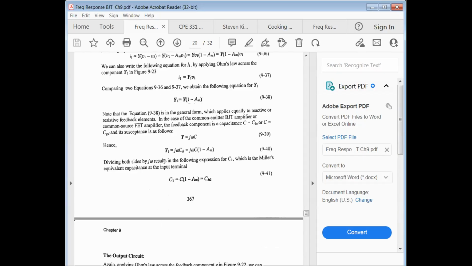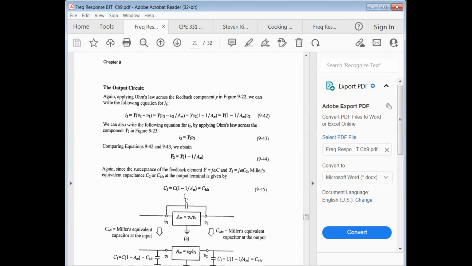And so now dividing both sides by j omega, we get that this capacitance on the input, C1, is the same as the capacitance that was from the input to the output multiplied by 1 minus the gain. And we call that C Miller in.